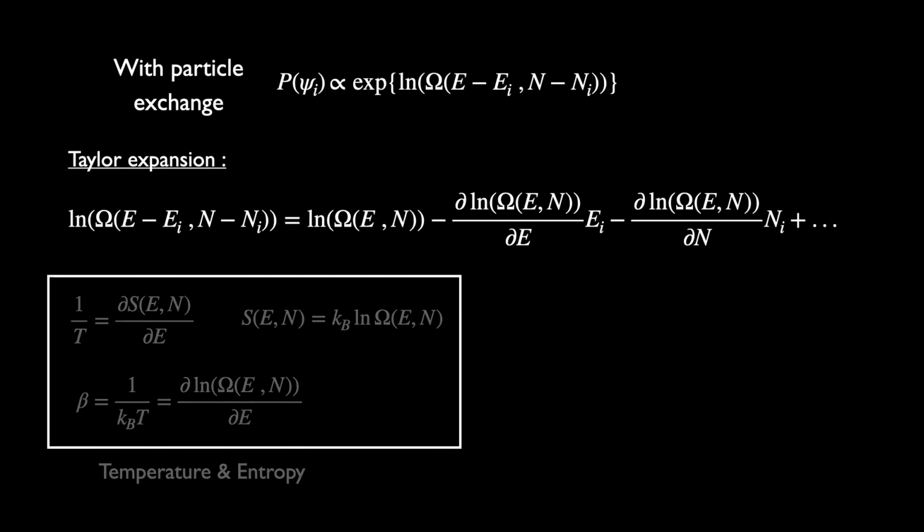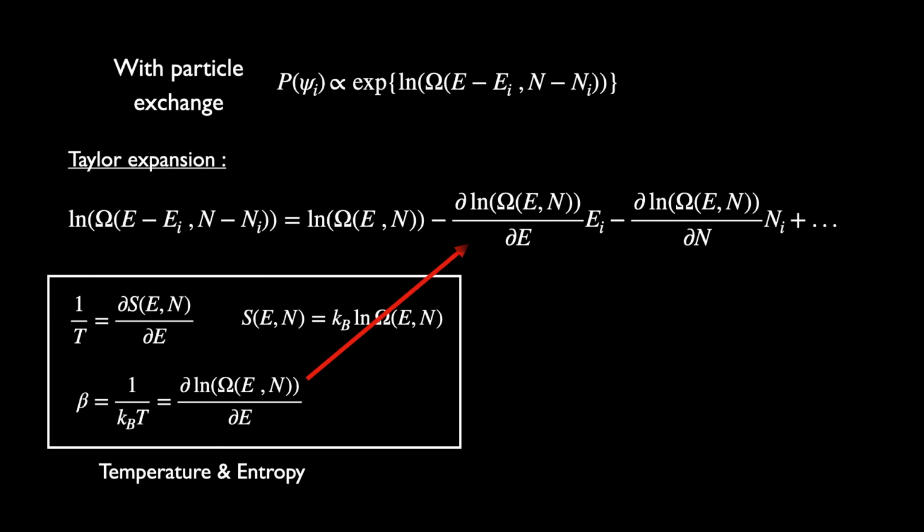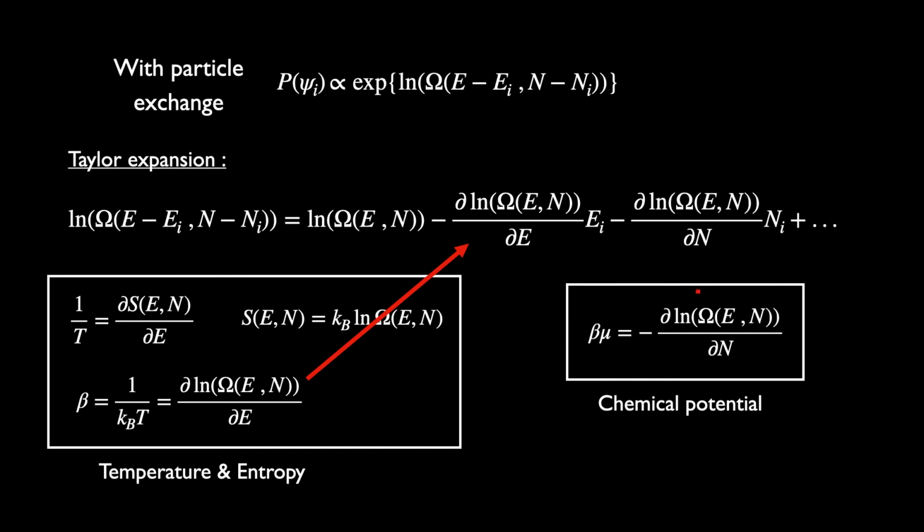While we recognize the coefficient of Ei to be beta, the inverse of temperature, the coefficient of Ni is defined as minus beta mu, where the new parameter mu is called the chemical potential. The minus sign ensures that particles flow from higher potential to lower potential, in keeping with normal convention. We shall show this in a moment.